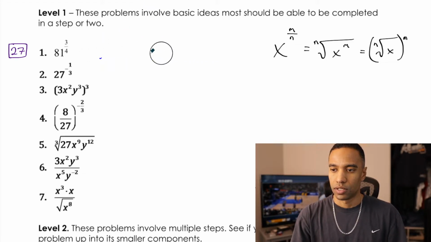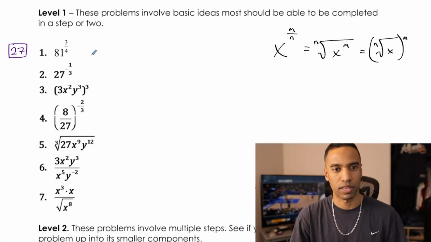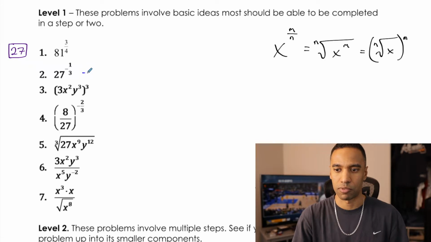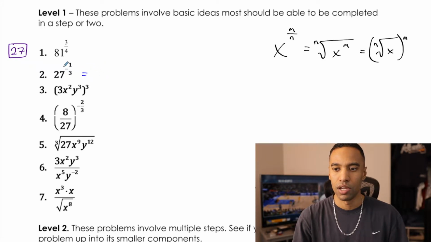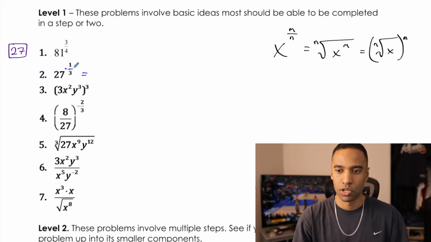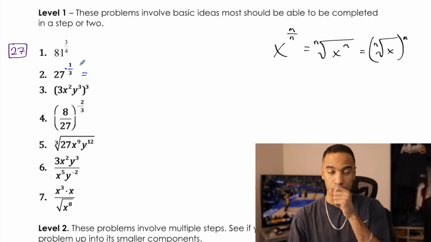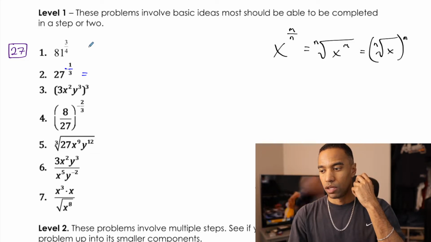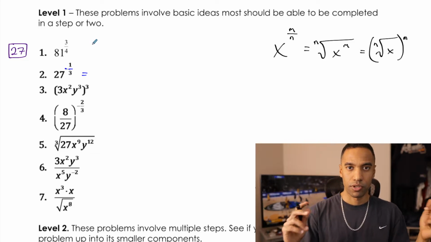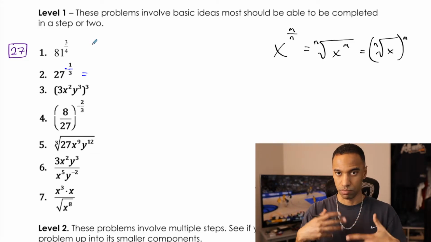Number 2. This is 27 to the negative 1/3 power. That's what I've been going with my kiddos, and I'm just going to assume that that's what we're doing there. So 27 to the negative 1/3 power, like that. A negative exponent can be turned positive if you change its place in its fraction.